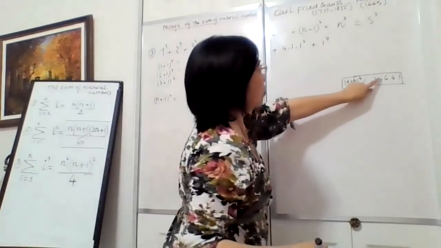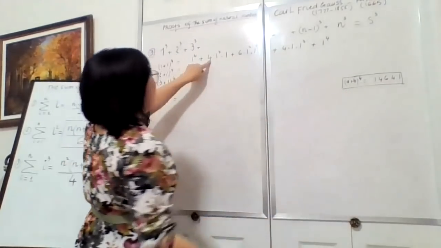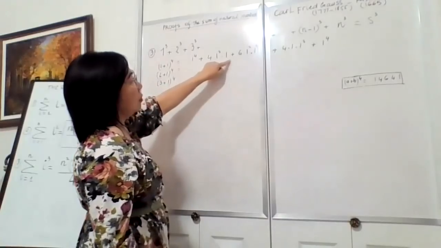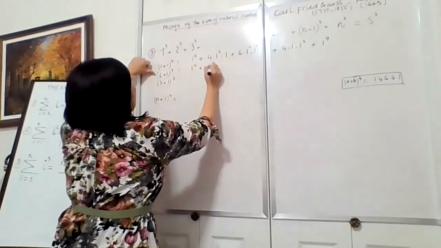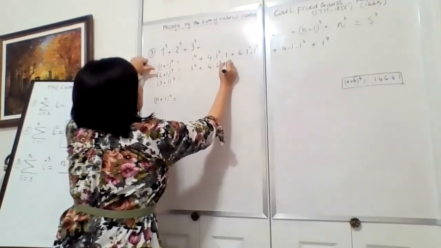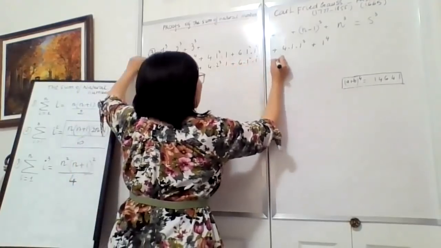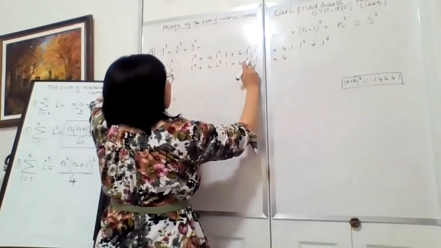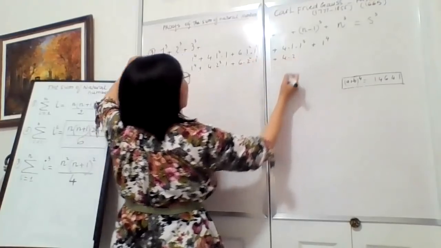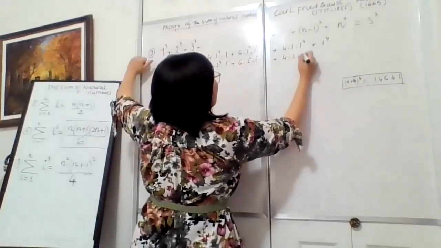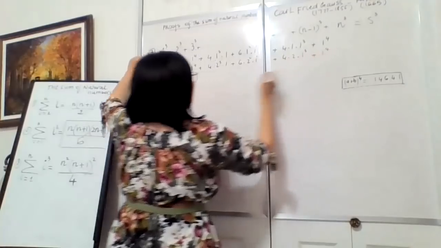Okay, so we follow just the coefficients here. You see 1, and then this is 4, and these are what we call a and b, right? So now, following that, this becomes 4 times 2 to the power 3 times 1, plus 6 times 2 squared times 1 squared, plus 4 times 2, and 1 to the power 3, plus 1 to the power 4.